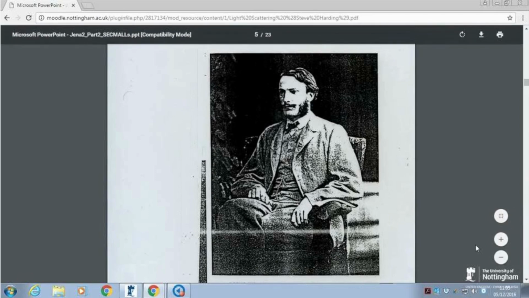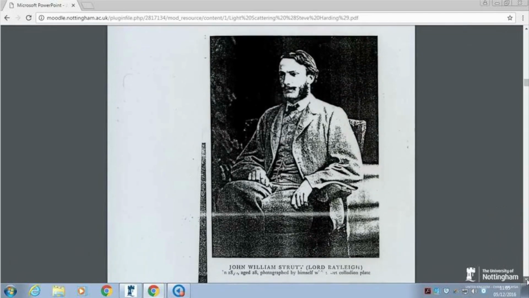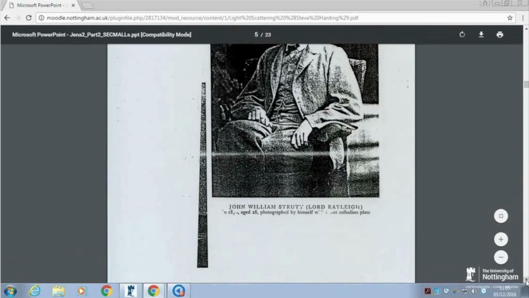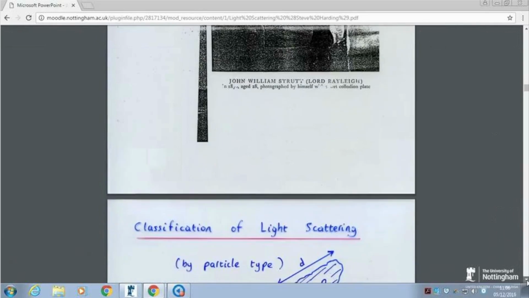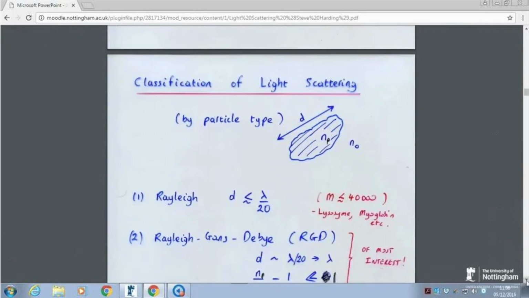It was Einstein and also Rayleigh who developed the theory for light scattering by solutions of molecules.